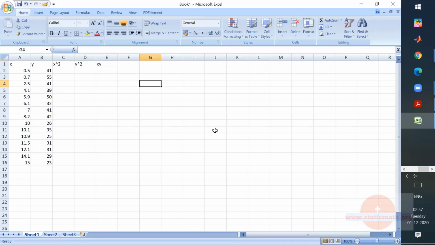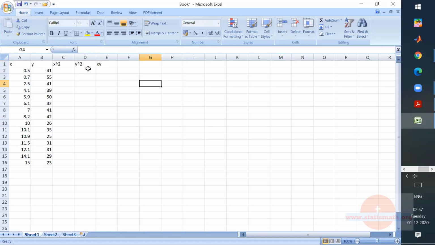You wrote the formula in your notebook, so check what components you need. We want sum x, sum y, sum x squared, sum y squared, and sum of x times y. These are the pieces of information we need.